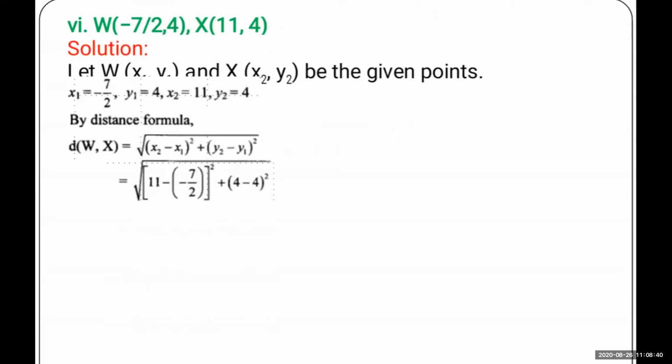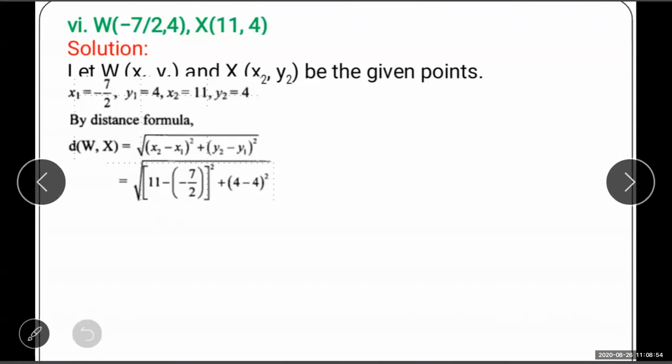So 4 minus 4 whole square, that is 0. Now we have to add 11 minus 7 upon 2. So this minus will go and become plus here.